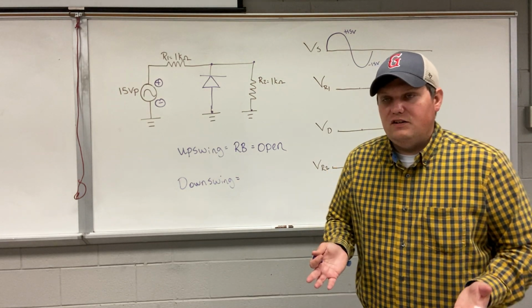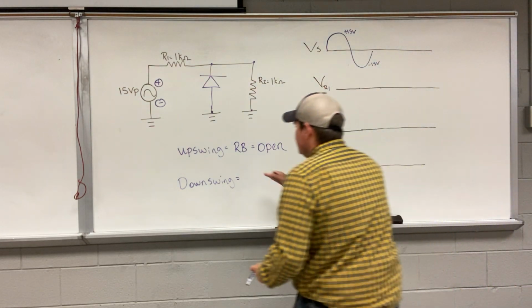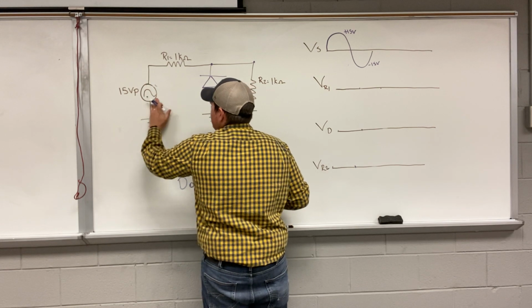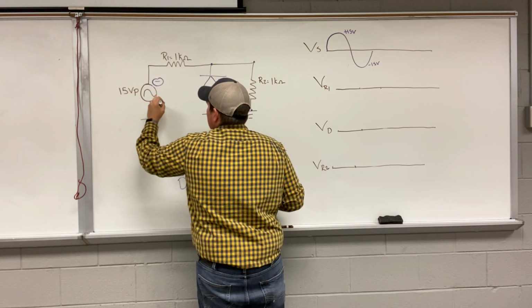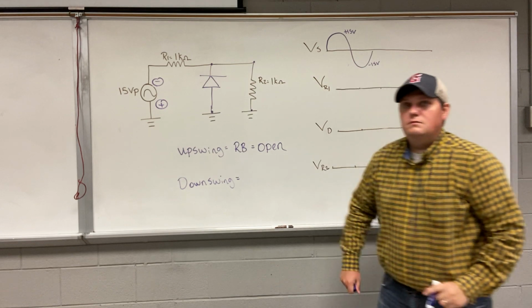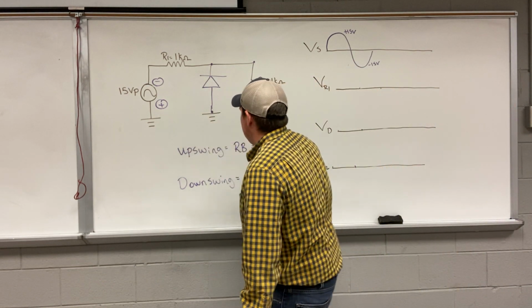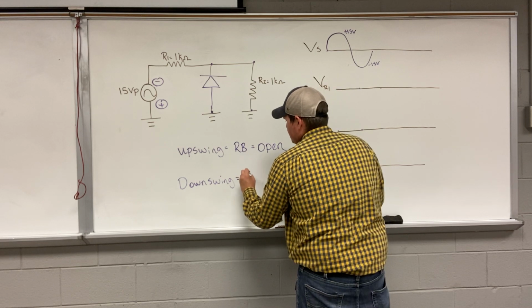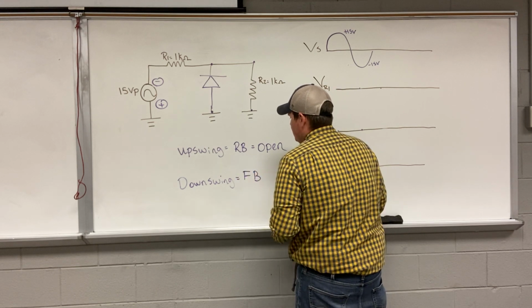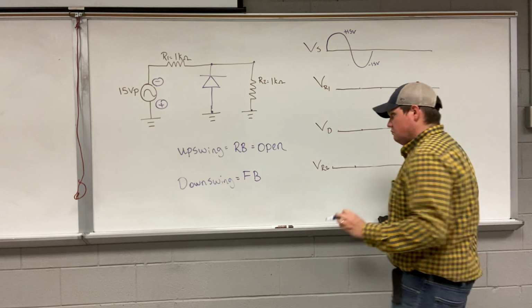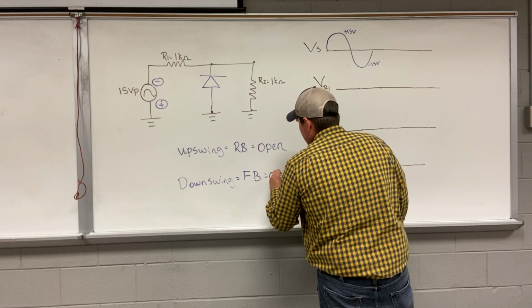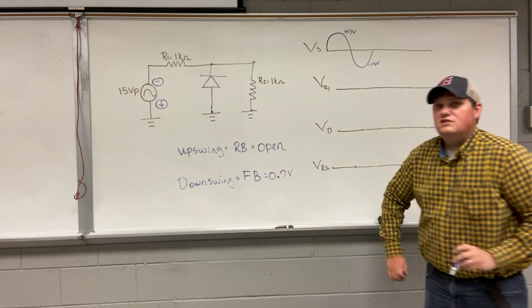It's an open switch. And then on the downswing, when that's my polarity, the anode is positive. So that means on the downswing, I'm forward bias, which means that the diode is going to be 0.7 volts.